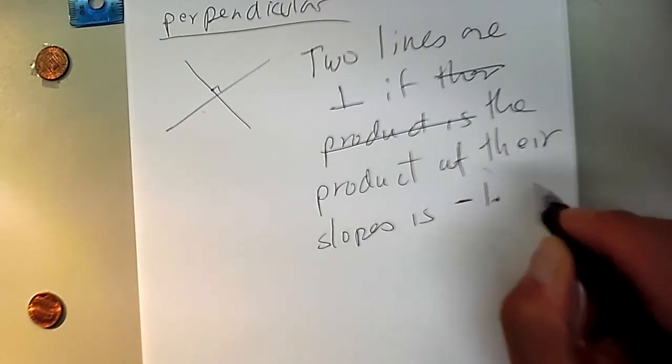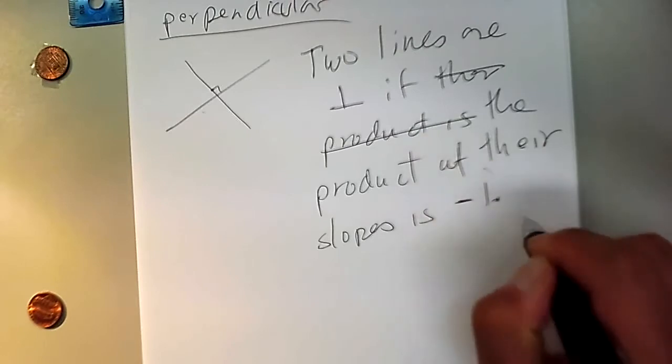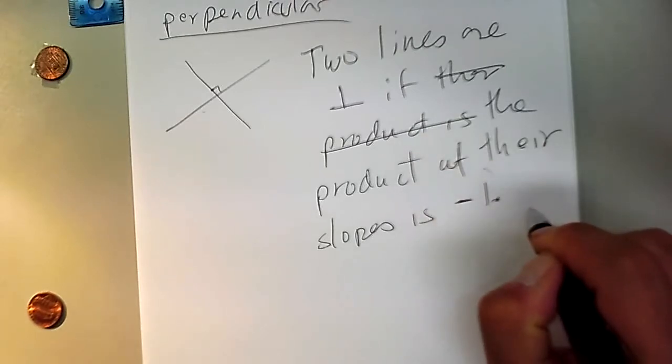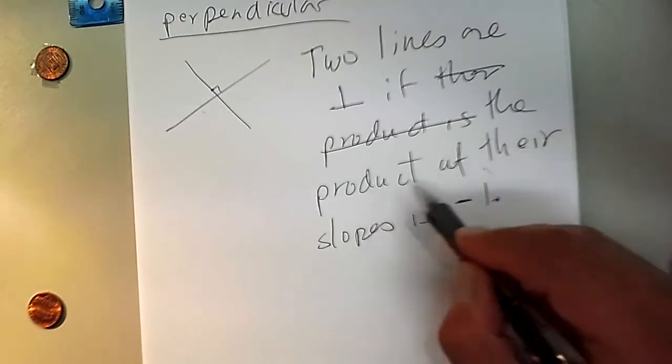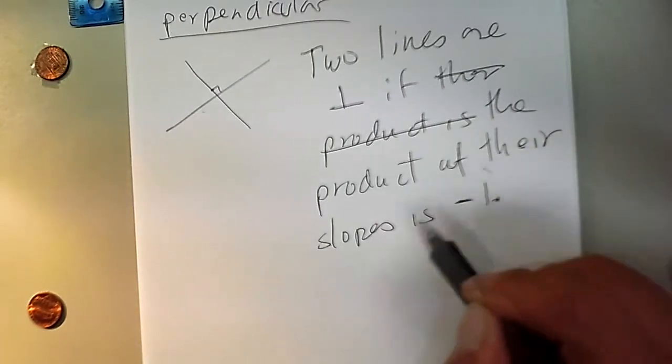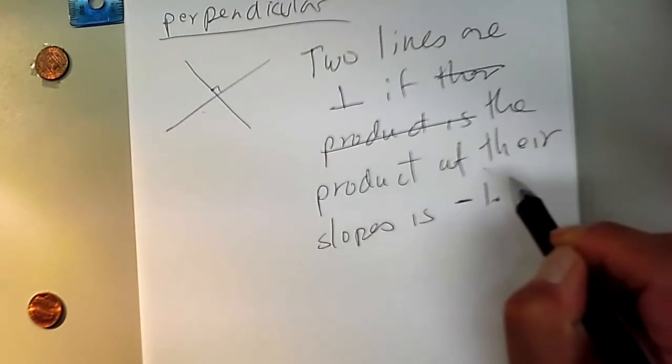Yeah. There is one exception to this. This is not complete, because what if one line doesn't have a slope? Then we cannot speak about the product of a slope with something else.